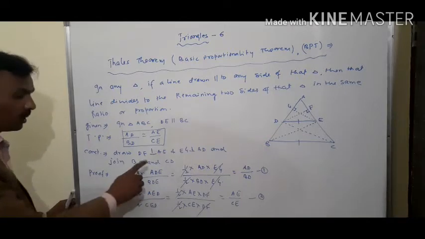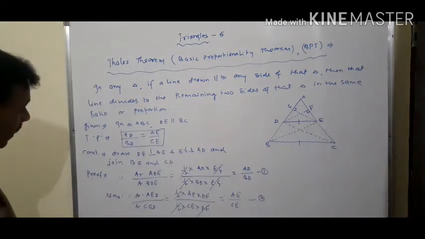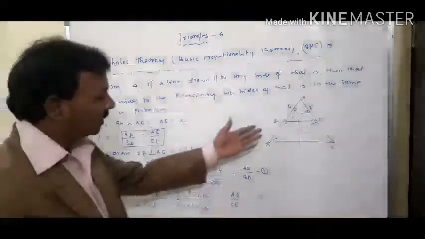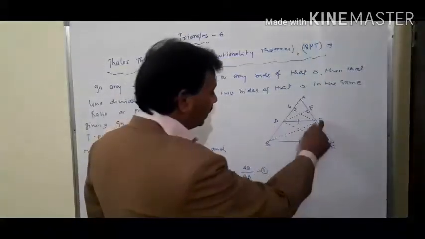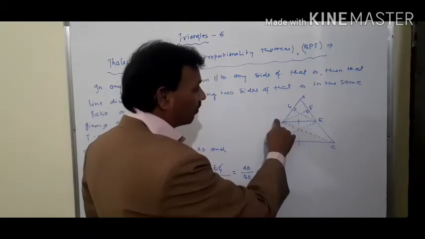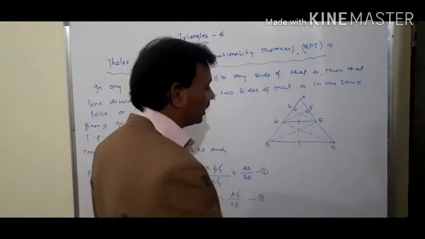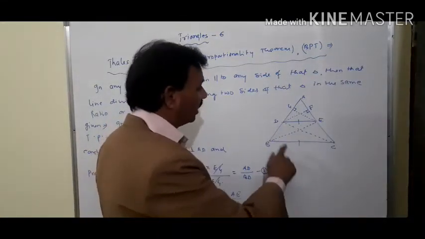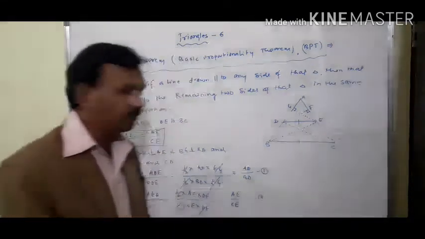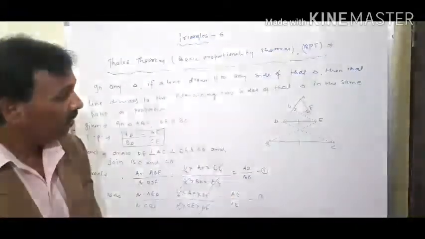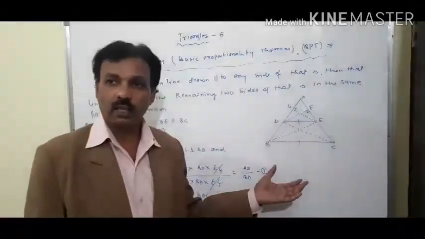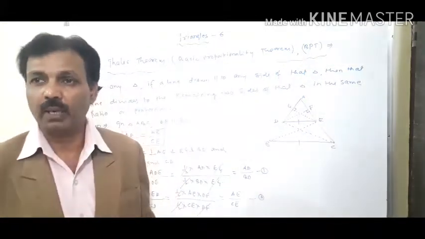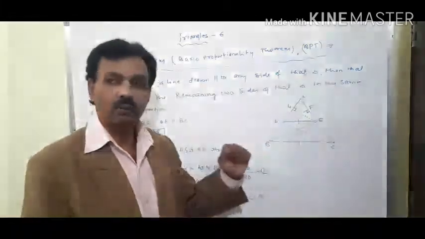So the area of both triangles will be the same. And area BDE and area CED: you can see both triangles have a common base DE and lie between the same parallel lines DE and BC, because DE parallel BC is given. We studied in class 9th, if two triangles have a common base and lie between the same parallel lines, then the area of both triangles will be equal.